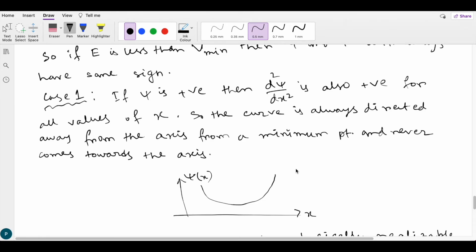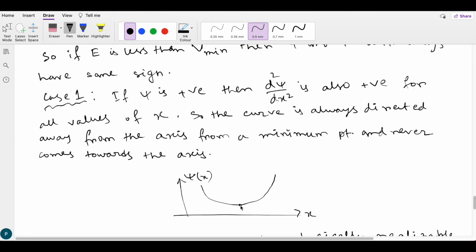If we determine the first derivative of a function and equate it to 0, from there we can find a point, and if we further take the second derivative, put the point in that equation and check whether the second derivative is positive or negative, from that we can determine whether the point is a minimum or maximum. In this case, let's say this is the minimum point.